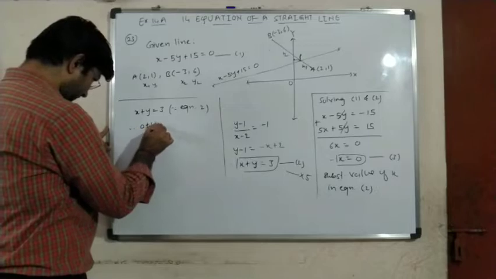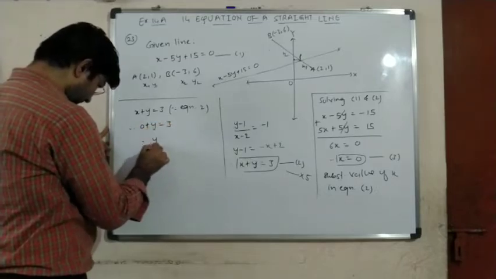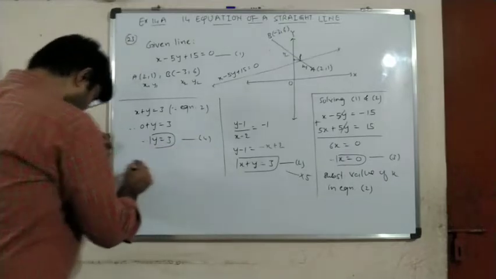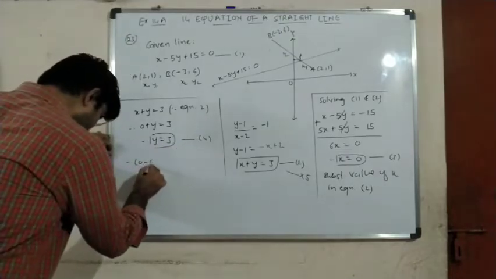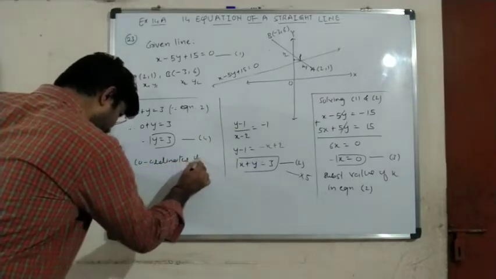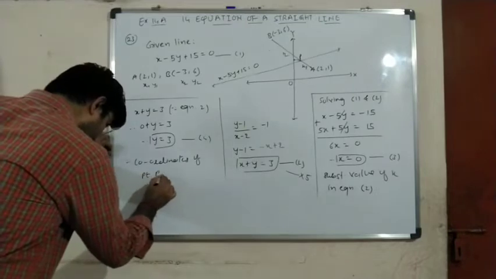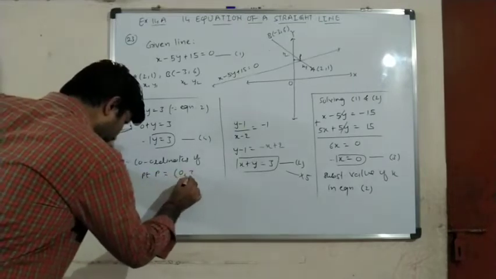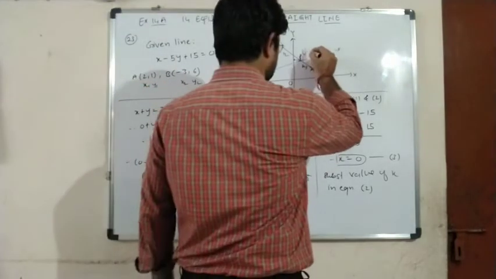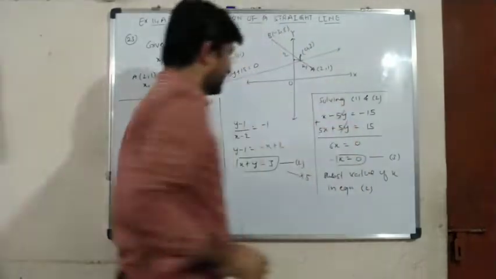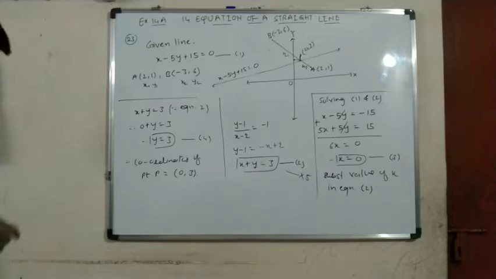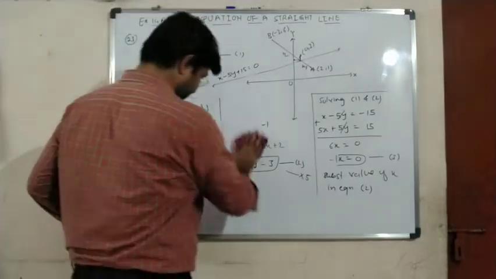Therefore 0 plus y is equal to 3, and therefore y is equal to 3, and therefore coordinates of point P are 0, 3. Now once you have got the coordinates of point P, can we now calculate the ratio AP is to PB? Yes or no? So now let us calculate the ratio AP is to PB.